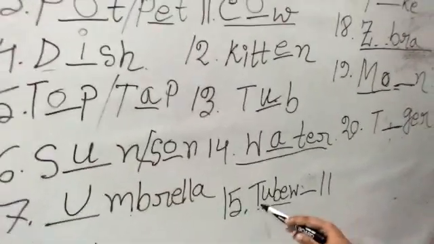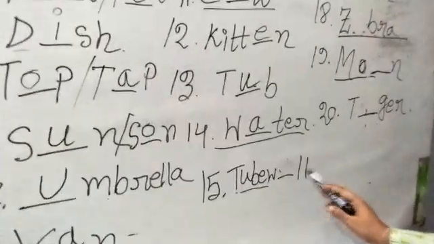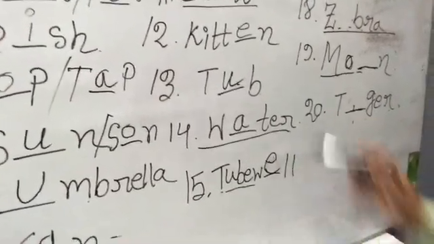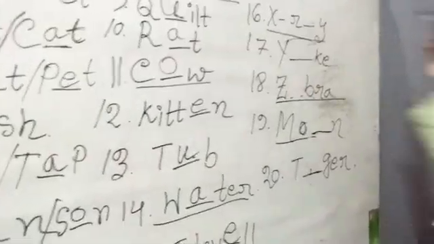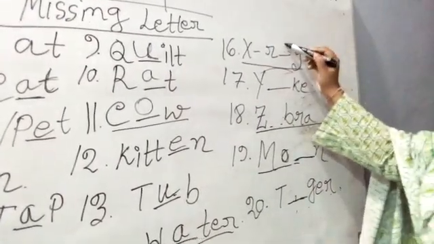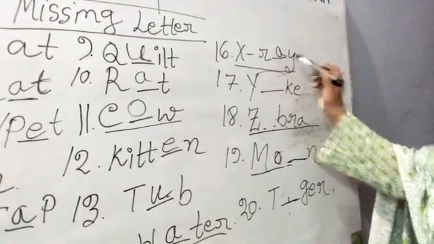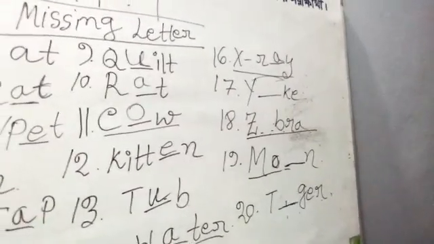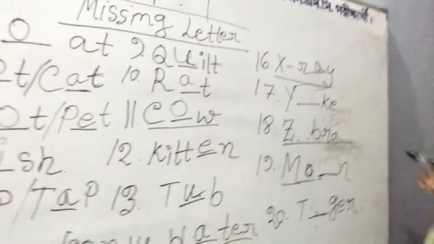Then the next one is T U B E W dash double L. If I put an E here, then it becomes tube well. Tube well is again a source of water. Then X R dash Y. I know you can sense it will be A here, and that means X-ray, used to diagnose health issues.